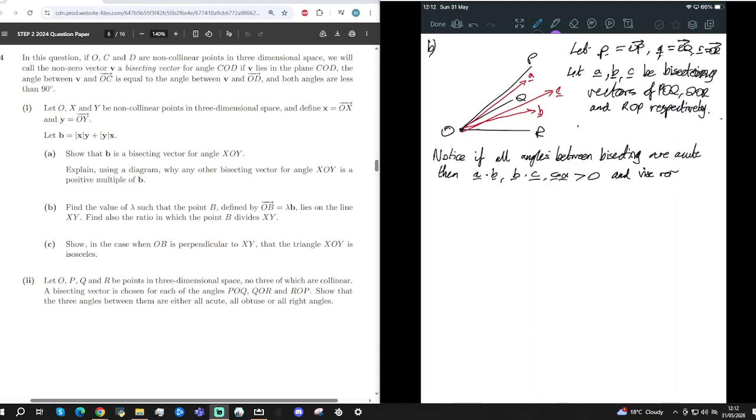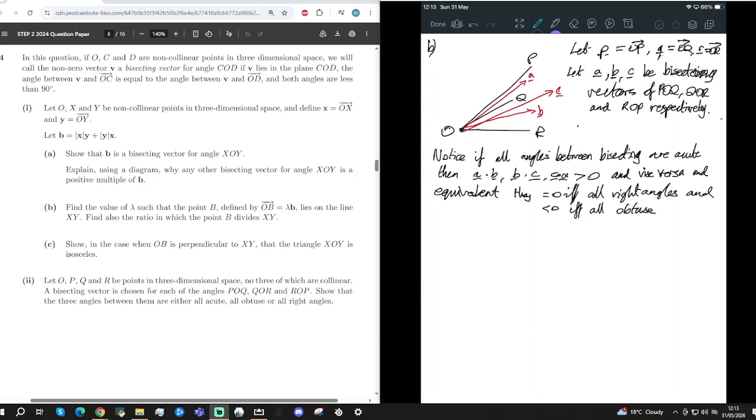I probably should have said if and only if, rather than just if. And equivalently, they equal 0 if and only if all right angles, and less than 0 if and only if all obtuse.